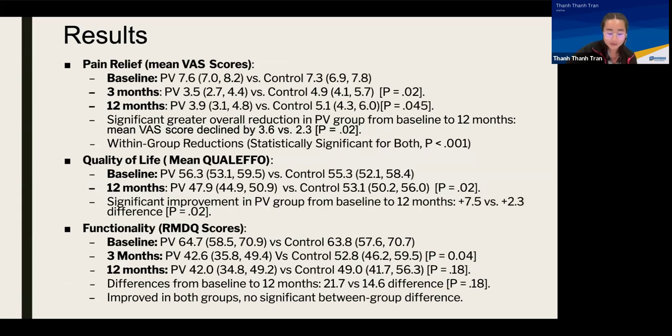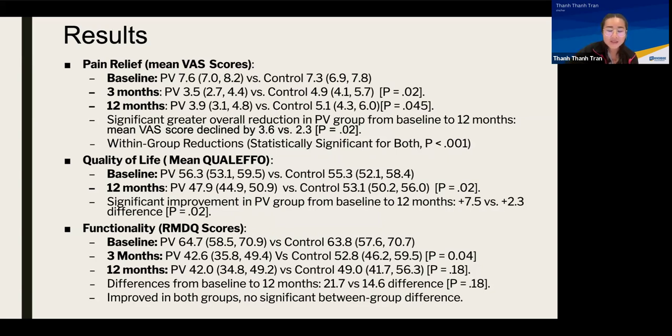All right, for the results. These are the results from baseline, 3 months, and 12 months because they're statistically significant. For the primary outcome, they looked at pain relief, so they looked at the mean VAS scores.